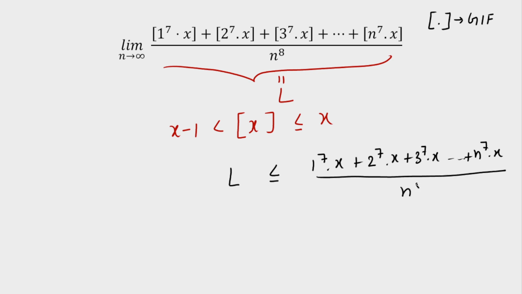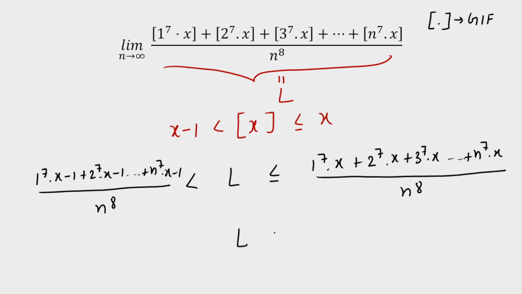On the other side, it is greater than, I'm going to write the same numbers and minus 1 every time. So I'll get 1 raised to power 7 into x minus 1, plus 2 raised to power 7 into x minus 1, and it goes till n raised to power 7 into x minus 1, whole divided by n raised to power 8.